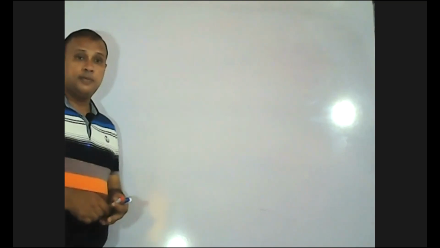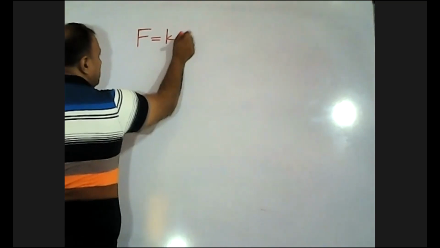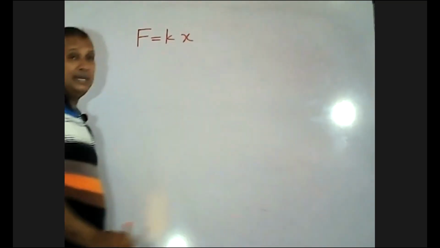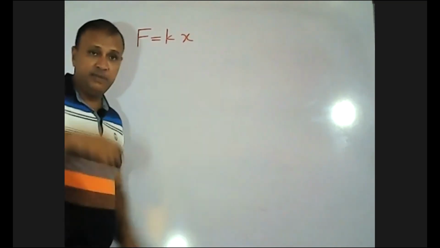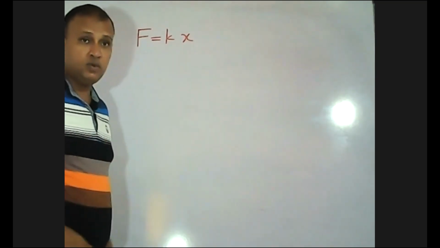The spring constant. So how to find a spring constant? You have to use this equation, no? F is equal to the spring constant into elongated length. We have discussed this one. You will learn this equation in mechanics, but until then, you have to remember this one.